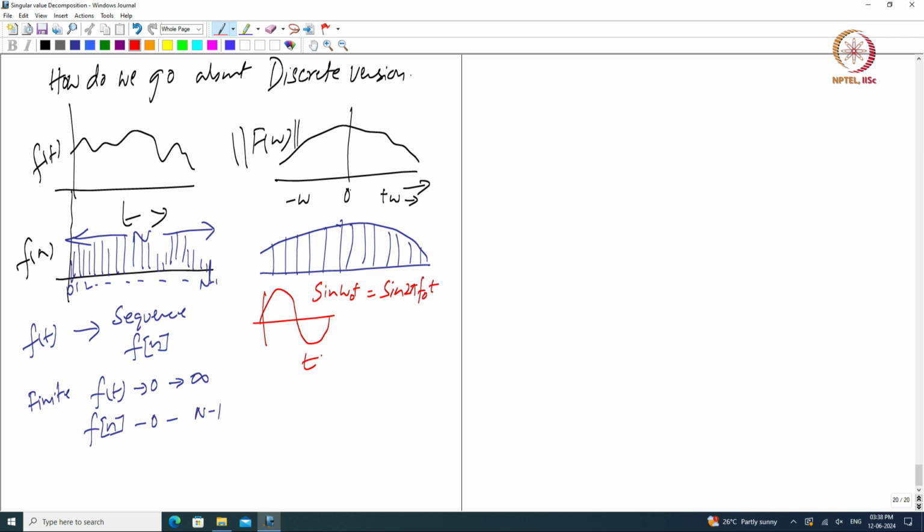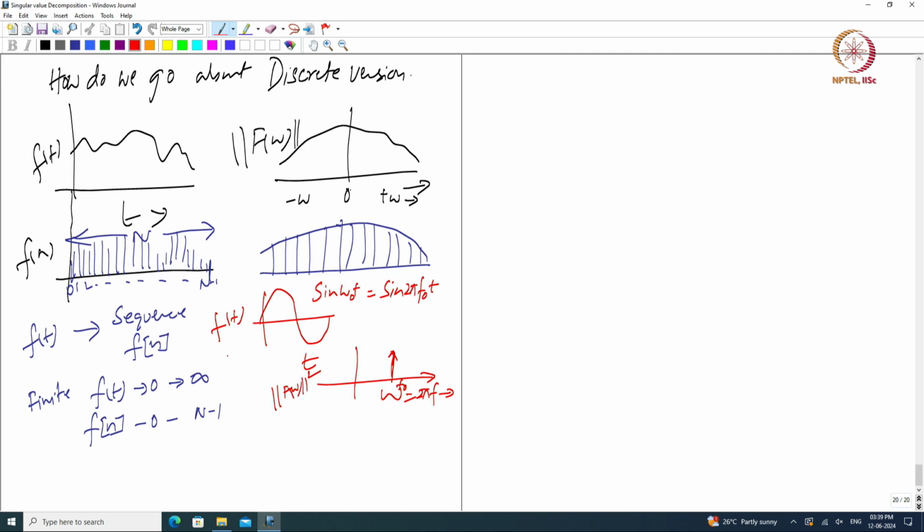This is t versus f of t. How does it look in the omega space, which is 2 pi f space? It has only one frequency component f naught. So, here at some value f naught, there is only one component, or this is how magnitude of f of omega squared looks like.